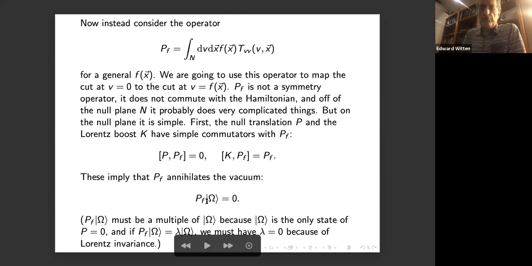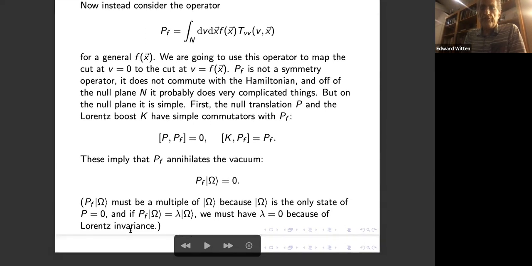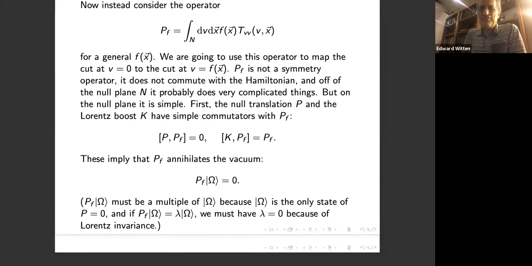These facts imply that p sub f annihilates the vacuum. You see, the vacuum is the unique state of p equals 0, and since p sub f commutes with p, it maps the vacuum to another state of p equals 0. And the eigenvalue can't be non-zero because of Lorentz invariance. So therefore p sub f has to annihilate the vacuum.